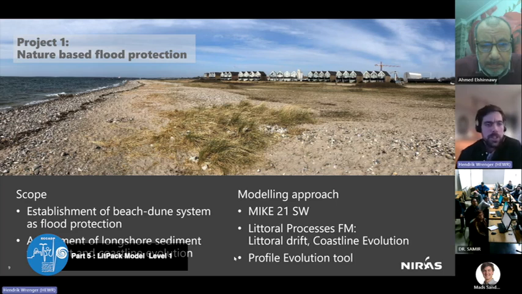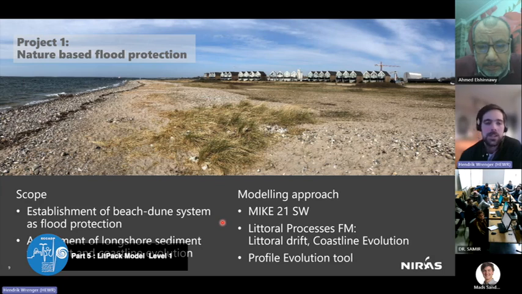So the first one was called nature-based flood protection, in a Danish municipality, in one of the inner Danish waters. When I say inner Danish waters, there's the Baltic Sea, right? West of Denmark, you have the North Sea, which is connected to the Atlantic, or part of the Atlantic.